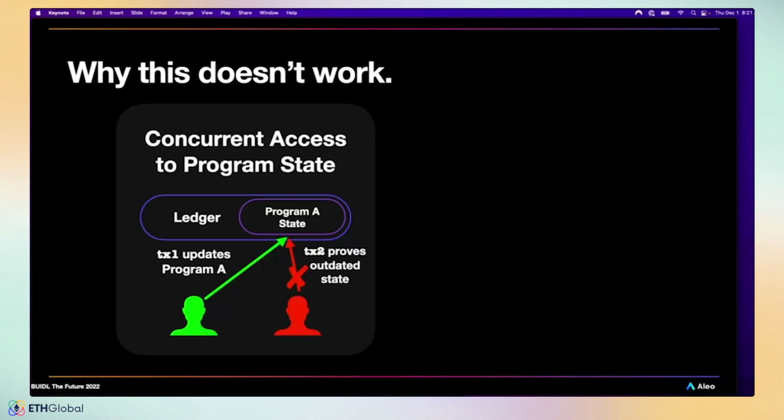Effectively, in this model, in order to get any sort of multi-tenancy, user one needs to read state, construct the transaction, upload it to the network, and have it verified, and only after that can user two come along, read it, produce a transaction, and upload that to the network. Furthermore, state updates in this model are extremely inefficient, because you have to pull the entire account state.